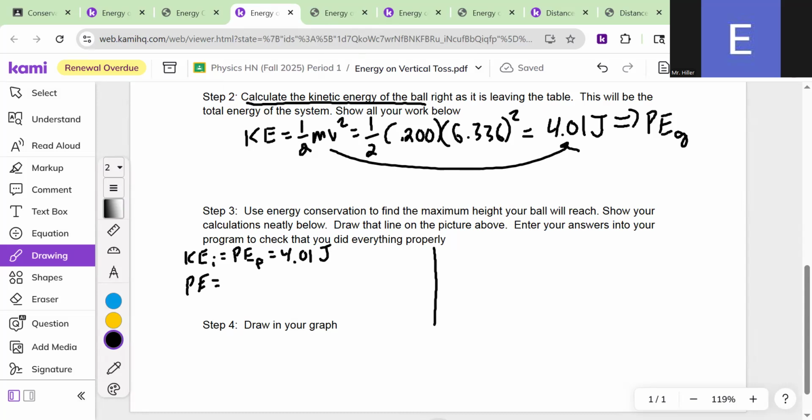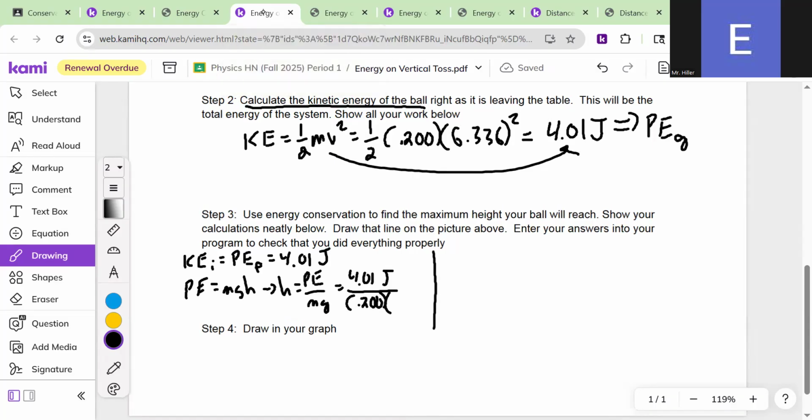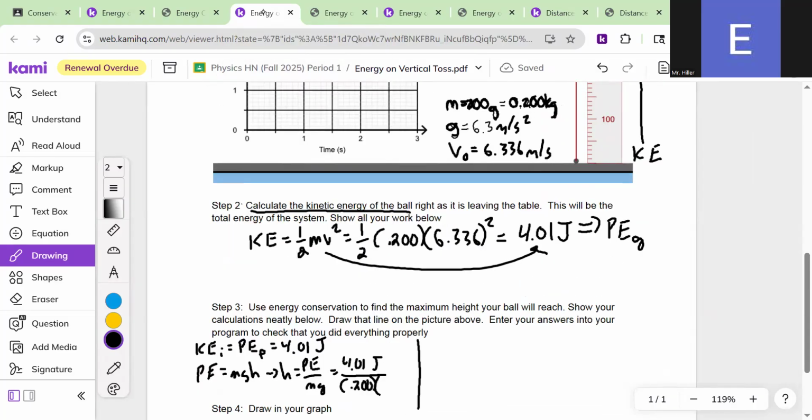And then I solve for h. So potential energy equals mgh. Clearly, I have to divide by mg. So h would be my potential energy divided by mg: 4.01 joules over my mass, 0.200 times my g, which I forgot what it was, 6.3 in my case.